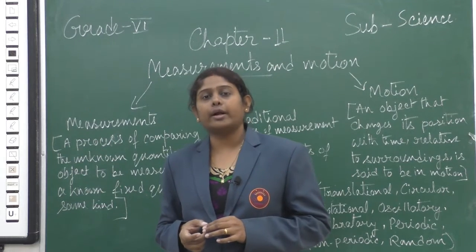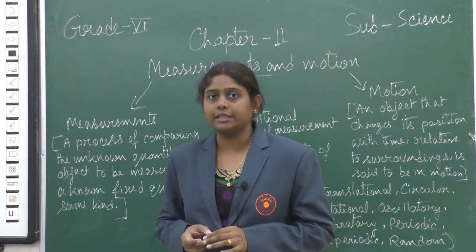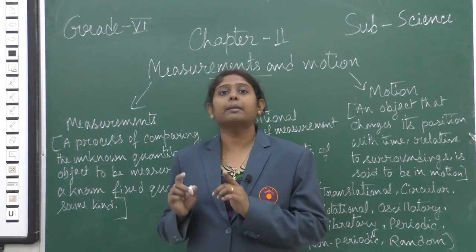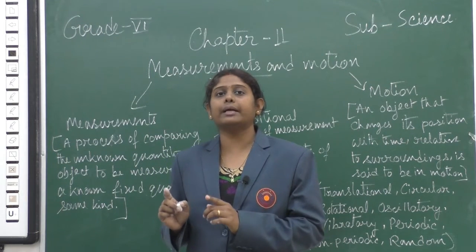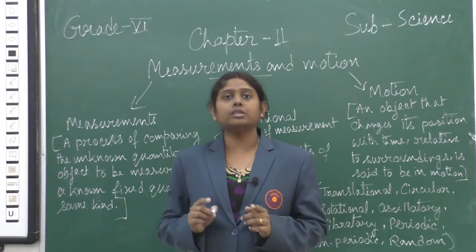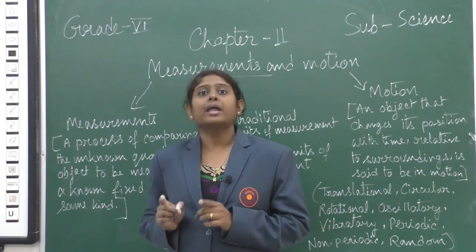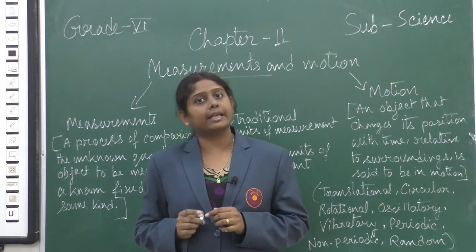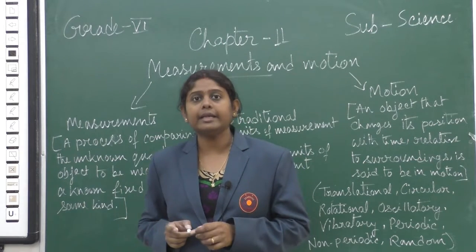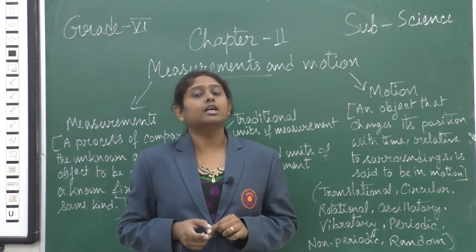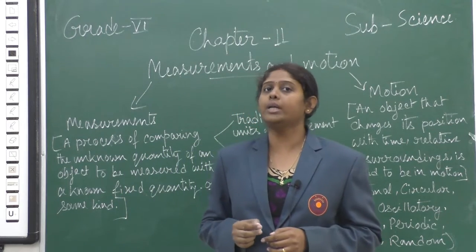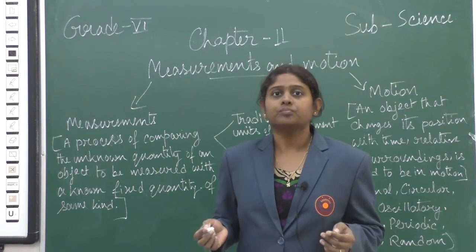The physical quantities of these SI units are: length, which we measure in meter, represented by small m; mass, measured in kilogram and represented as kg; time, measured in second and represented as small s. Now measuring length, how are we measuring the length?